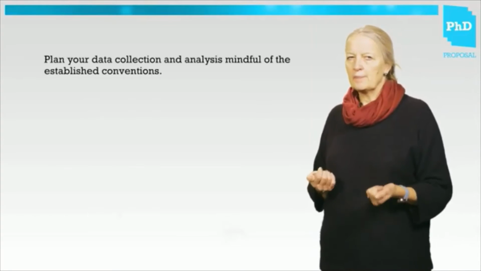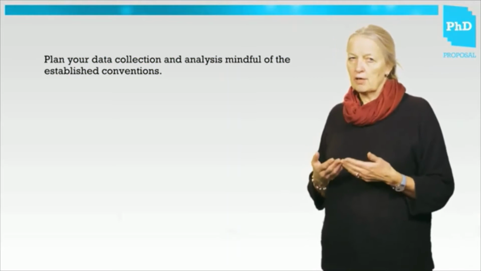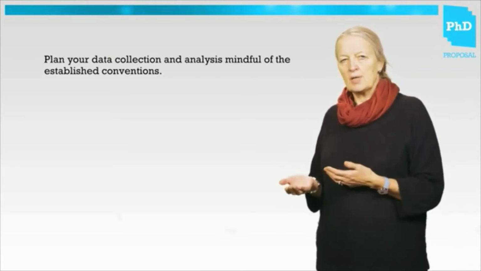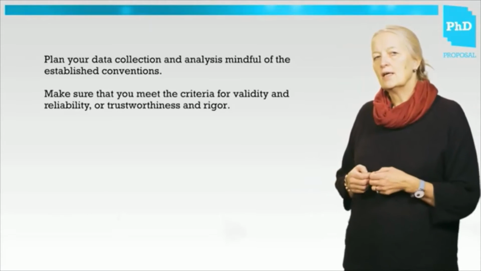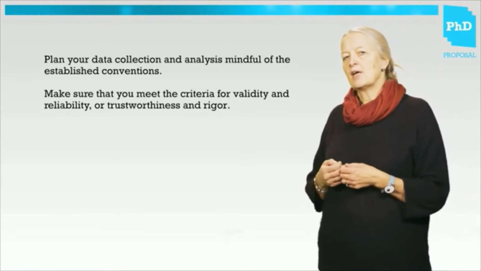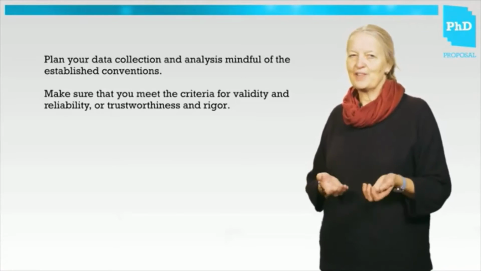When writing your PhD proposal, you should plan your empirical work, that is data collection and analysis, in particular, mindful of the established conventions to make sure that you meet the standards and stated criteria for validity and reliability, or trustworthiness and rigor.